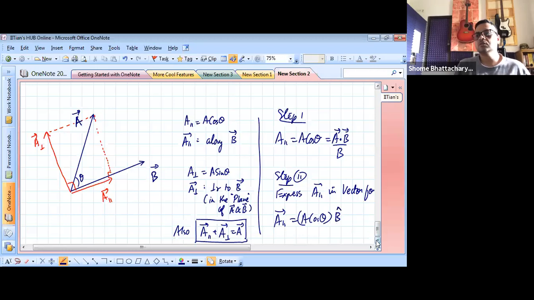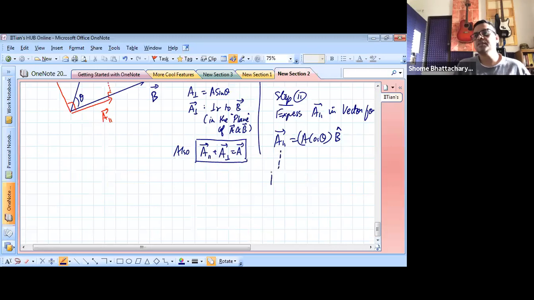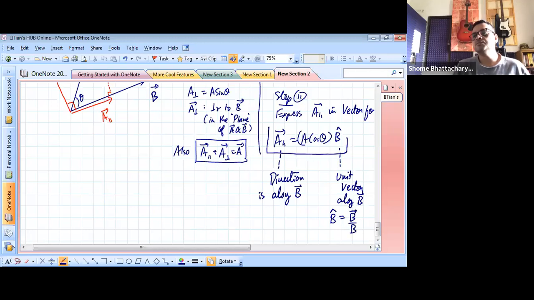Okay, because remember the direction of this vector is along the vector B. So this is nothing but the unit vector along B. So what is B cap? It is vector B divided by its magnitude. So once I've done this, it will give me this in vector form. So that is done. And then step 3, I will substitute that in this. So that will give me the perpendicular component.